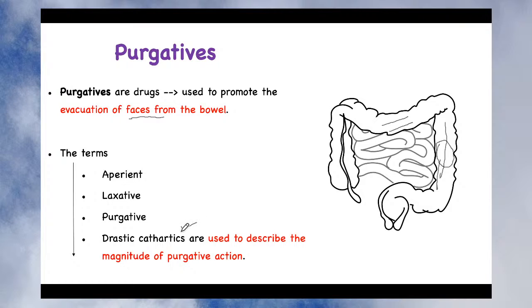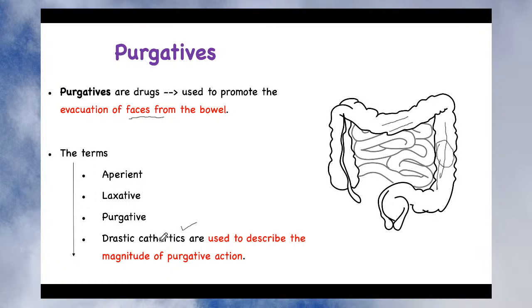If you select a drastic cathartic at the first stage, it may lead to diarrhea in the patient. So to avoid that, depending upon whether the condition is mild, moderate or severe, you can select the appropriate type of drug, either aperient, laxative, purgative or drastic cathartic.